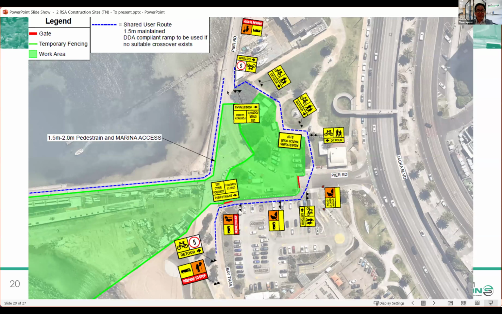At the moment, pedestrians and cyclists can ride and walk along this path here. Then they've got a construction site and a storage area here. The contractor said they need a bit more room. So they're proposing to close off that area and divert pedestrians and cyclists around the work site like this. So as an auditor, would you pick up anything just looking at this plan?